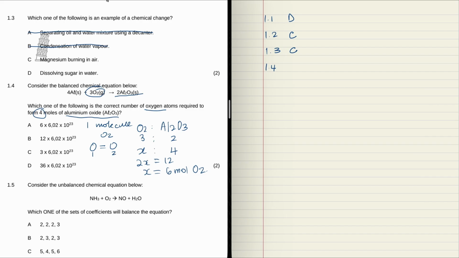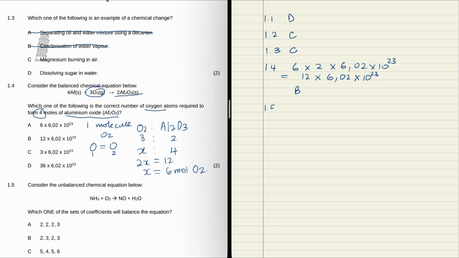So to get the total number of atoms, we are going to say 6 moles times 2, because one molecule has 2 atoms, times Avogadro's constant, 6.02 times 10 to the 23, and that's equal to 6 times 2 is 12, so 12 times 6.02 times 10 to the 23, and that answer is going to be B.